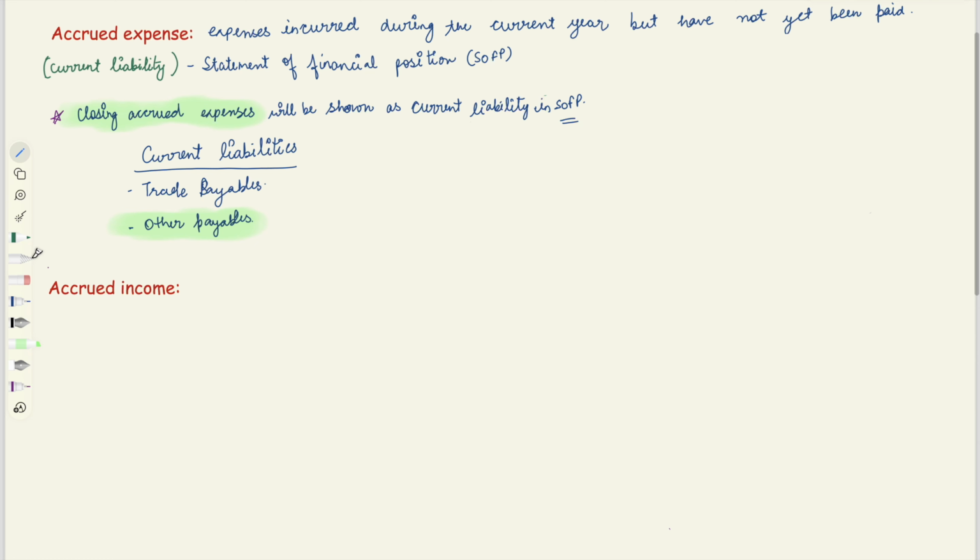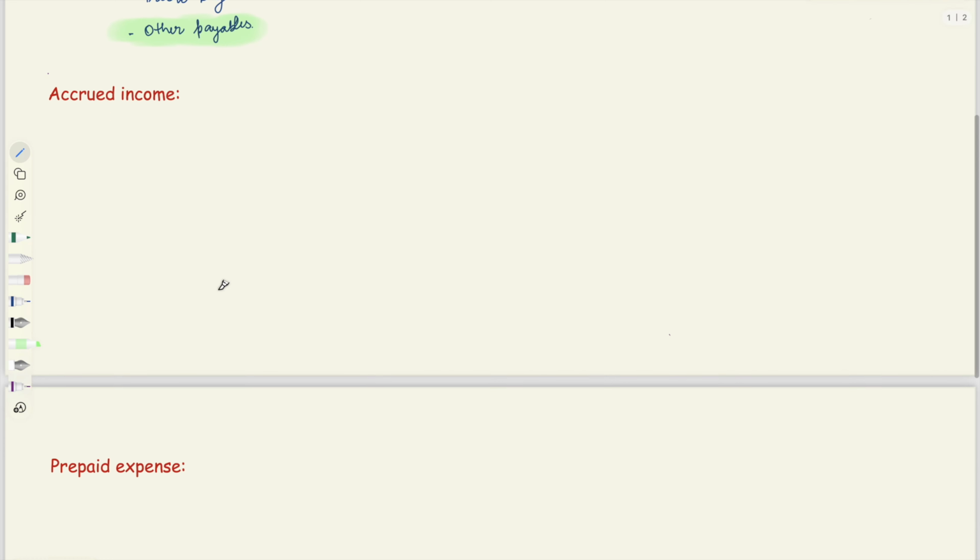Now let's come to accrued incomes. Accrued income is the same thing: income earned but not yet received. For example, you have provided the services, but you have not received the money for it. What does it mean?